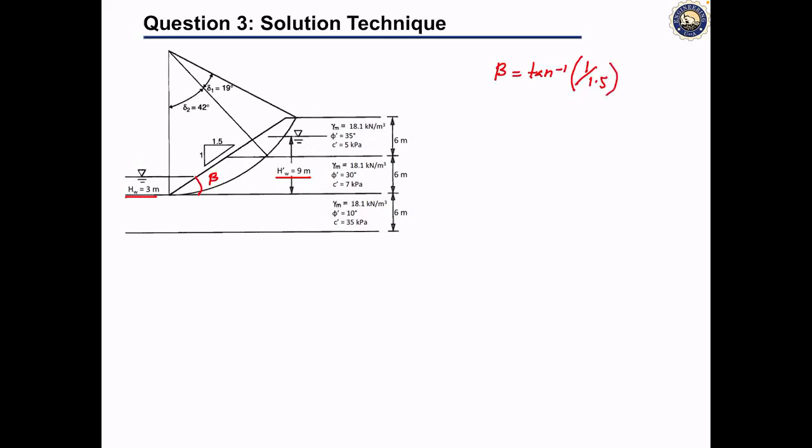We do not have any upslope surcharge nor any tension crack, that is, no surcharge, no tension crack. But we have the effect of the seepage, which is controlled by this HW and HW prime.